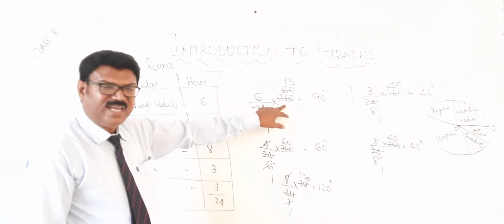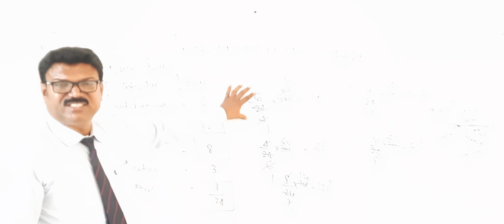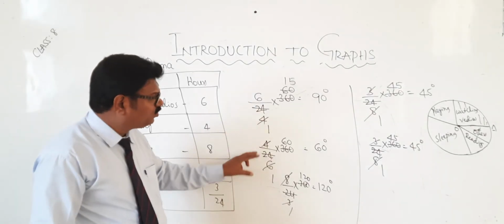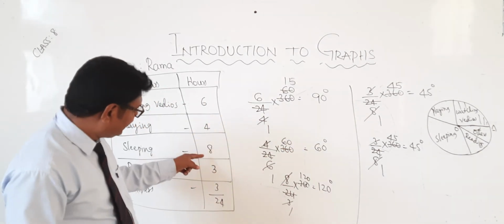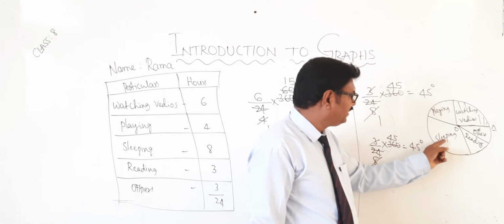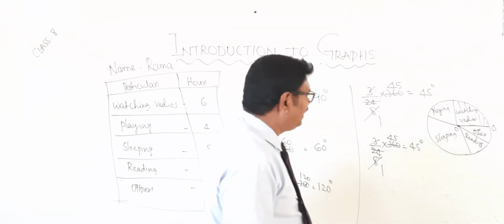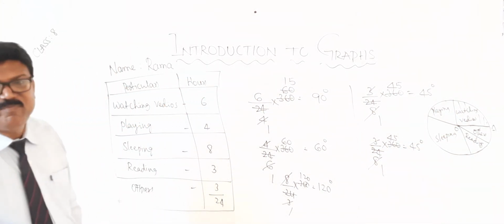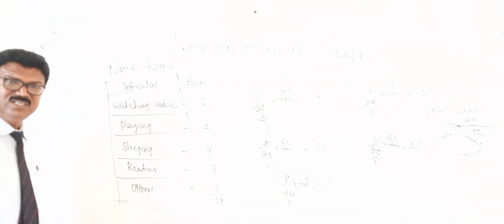And the sum of the angles at the center will be constant. Only this number will be changing. That's all. Okay? Now there are 5 items. So now one by one I draw like this. Therefore it is nothing but representation in a pie chart. Did you understand? Yes.